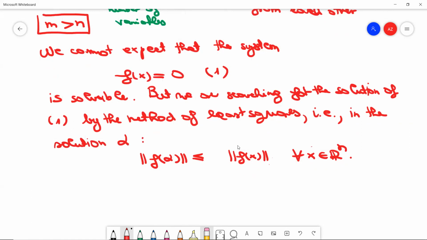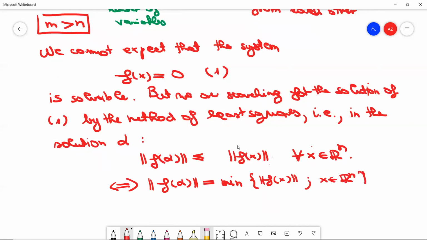In other words, the norm of f of alpha is minimal among the norms of f of x, where x runs over n-tuples.